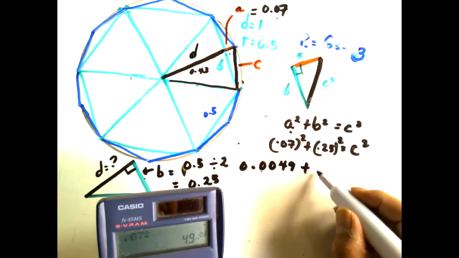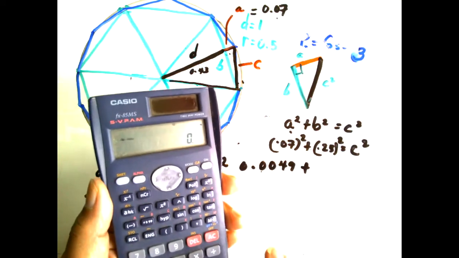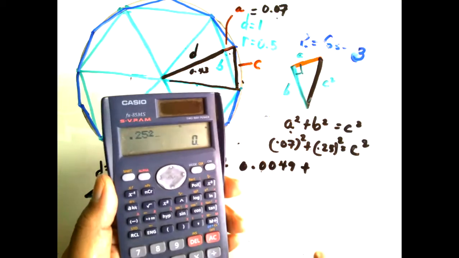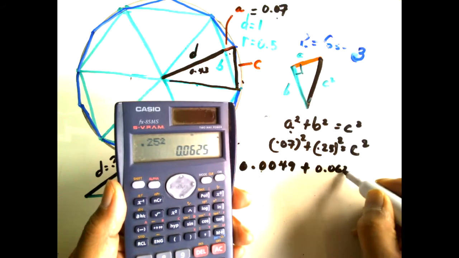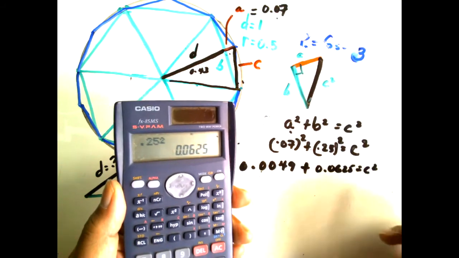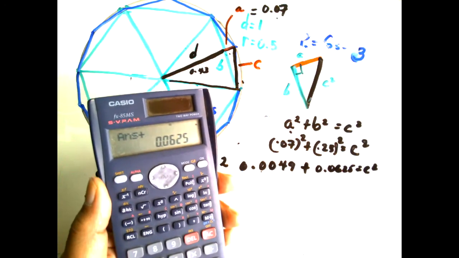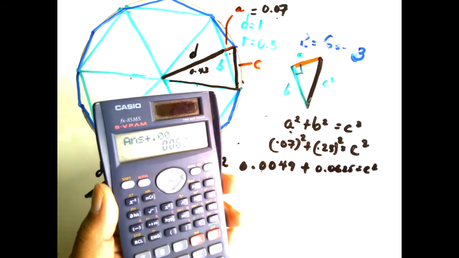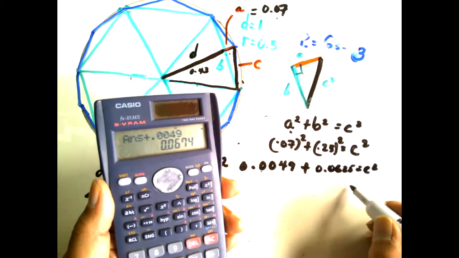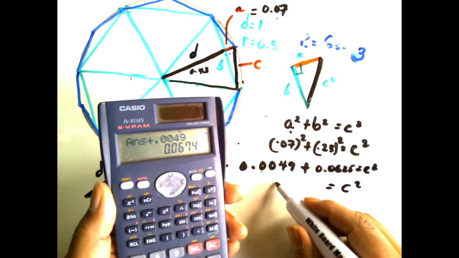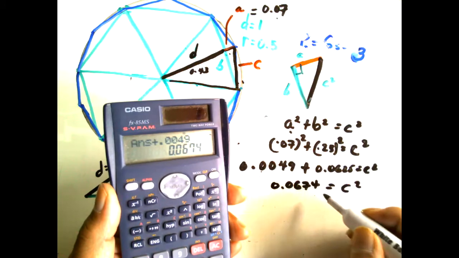Plus the square of 0.25. 0.25 squared is 0.0625 equals C squared. We add this value, which is 0.0049, and C squared should be 0.0674.